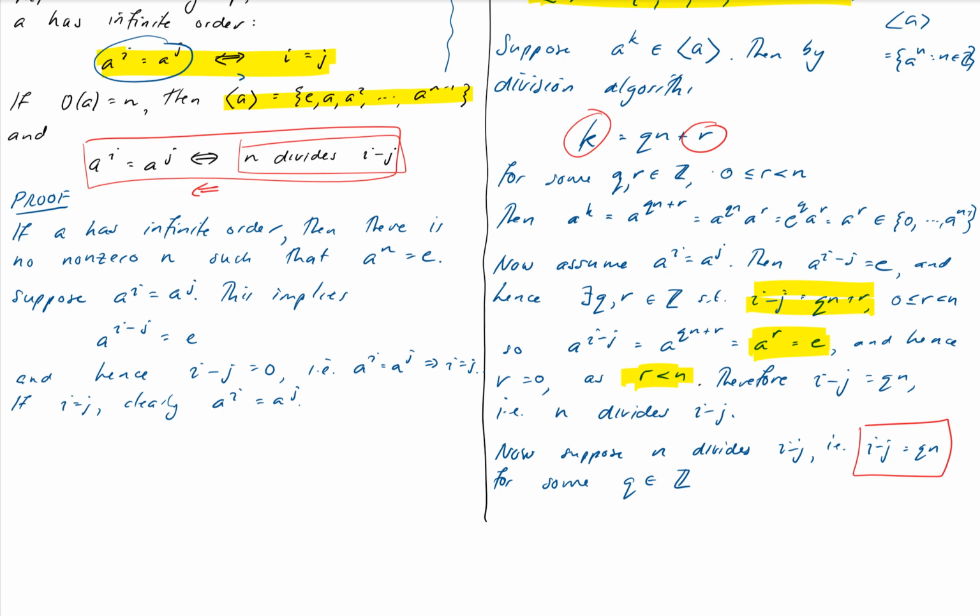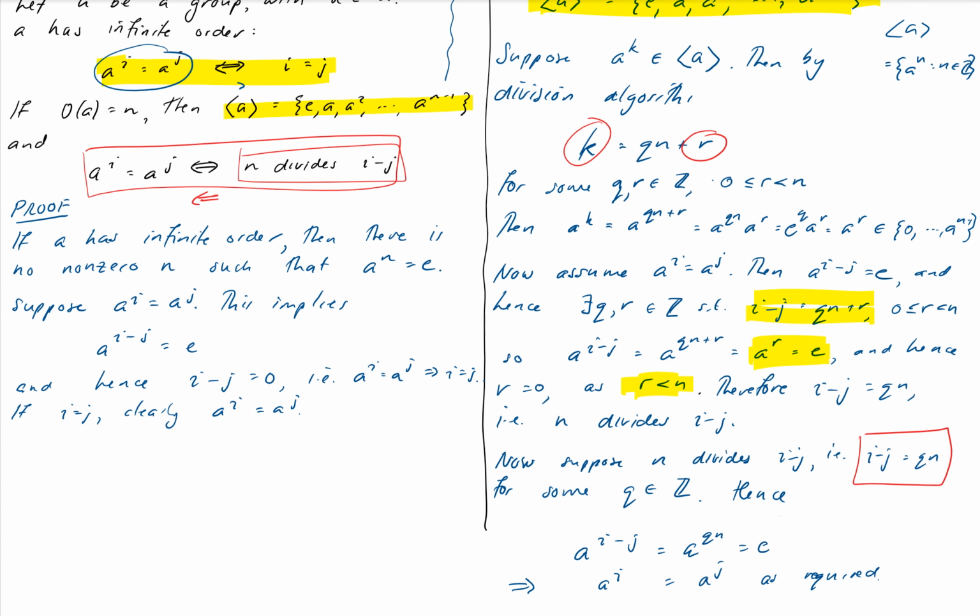So if I take a to the power of each side of that expression, hence a to the i minus j equals a to the qn equals e. And then if I multiply both sides by a to the j, I'll get a to the i is equal to a to the j as required.